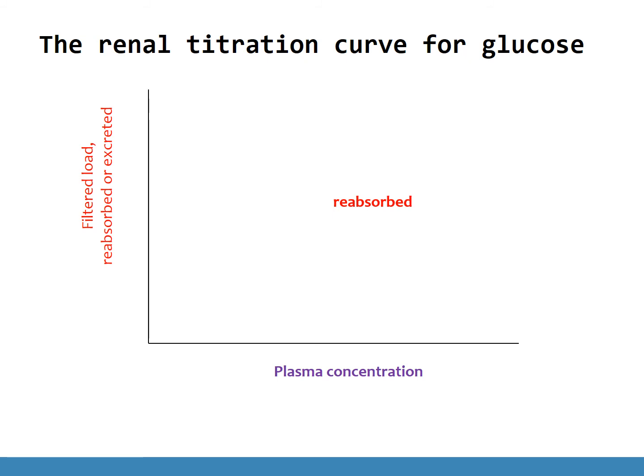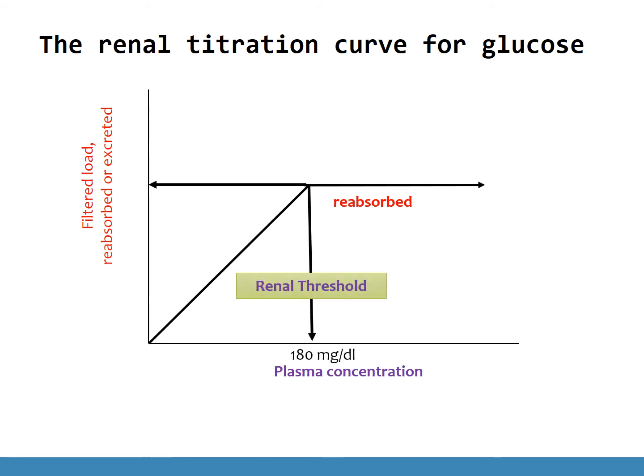But imagine that there is a limit, which is around 180 milligrams per deciliter of plasma glucose concentration. At this concentration, 100% of glucose will be reabsorbed, but as concentration goes beyond this level, the kidney will not be able to reabsorb 100% of the glucose that is filtered.